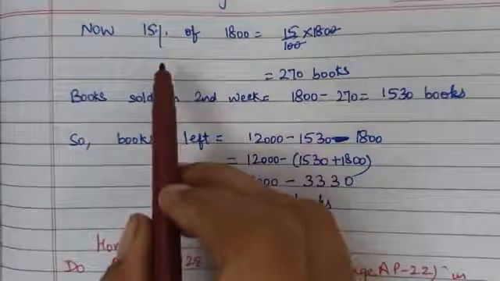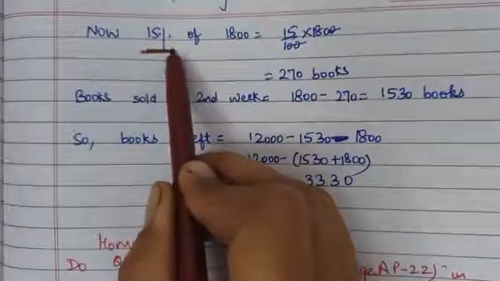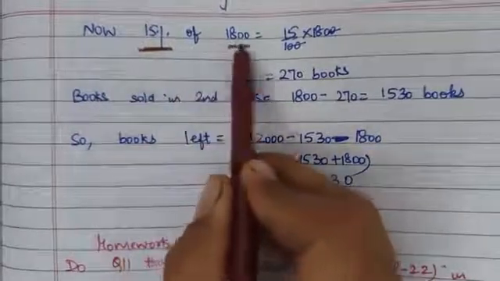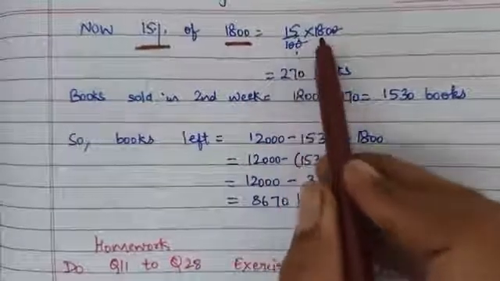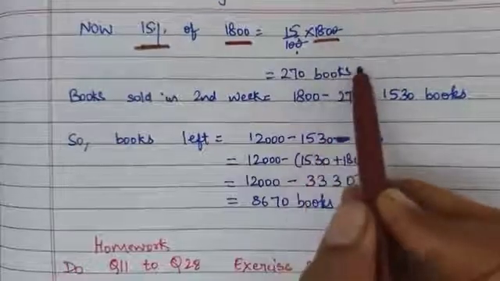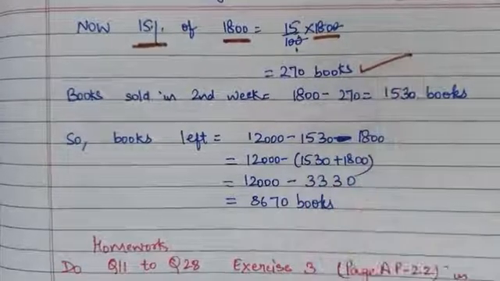Now we know that in the second week of April, 15% fewer books were sold. So first of all, let us find out what 15% of 1800 is. 15 upon 100 into 1800, we got 270 books.